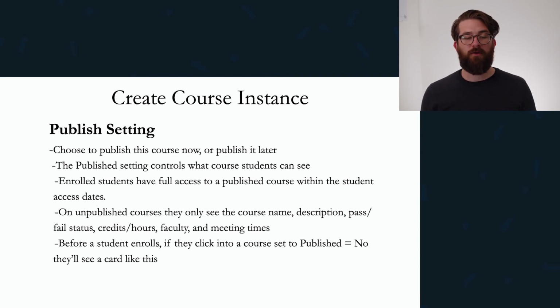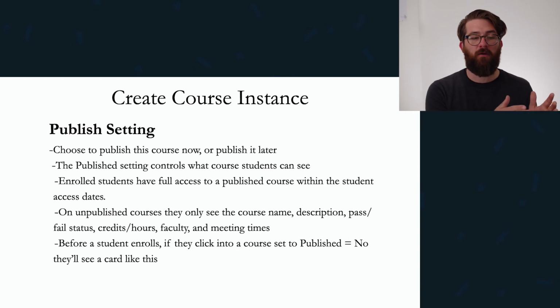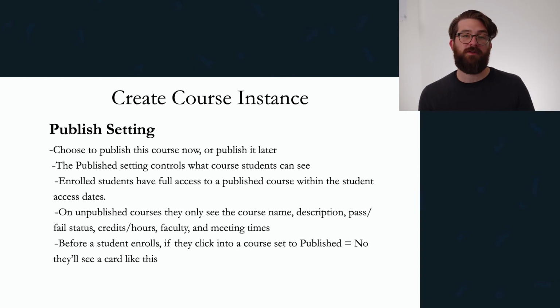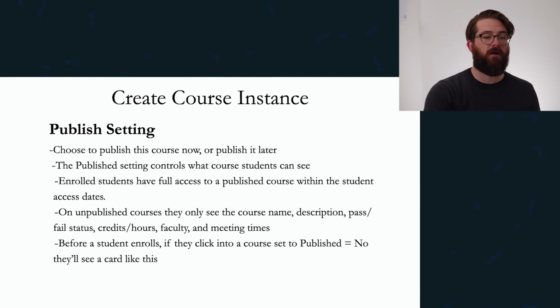On unpublished courses, students that are enrolled only see the course name, the description, whether or not it's pass-fail, credits or hours, the faculty who's teaching the course or any faculty that are set on the course as faculty, and then the meeting times. So it's really limited what they're able to see when the course is unpublished, even if they're enrolled there.